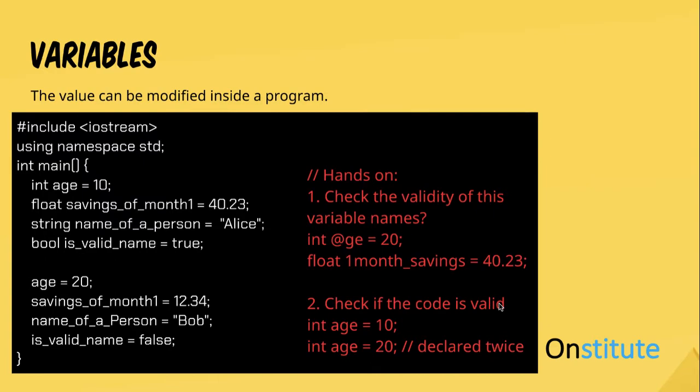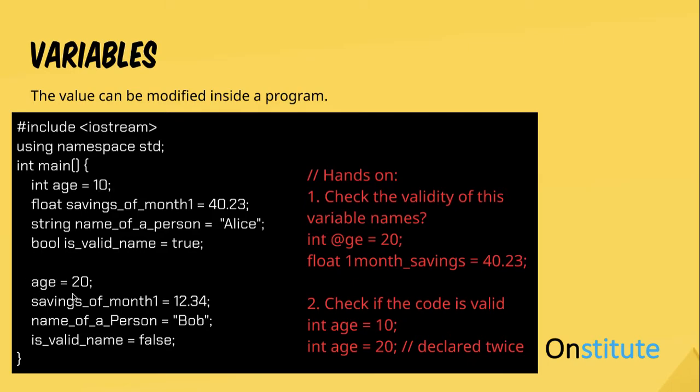This slide is basically showing you an example of variables. As the name suggests, the value inside a variable can be modified inside a program. That is, it can vary. As you can see in this example, I have a variable named age of type int, and the initial value of the variable is 10.